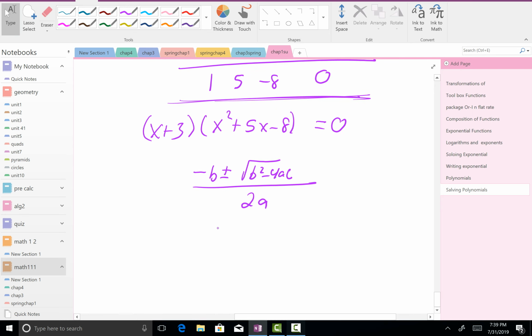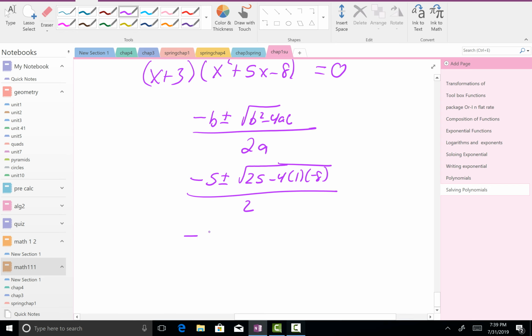So now we can use the quadratic formula. So I'm going to go -5 plus or minus square root 25, 4, 1, and -8 over 2. Remember, I'm trying to get an exact answer. Okay? Putting this in the decimal says, hey, can you calculate this? It's just going to take me right back to when I graphed it.